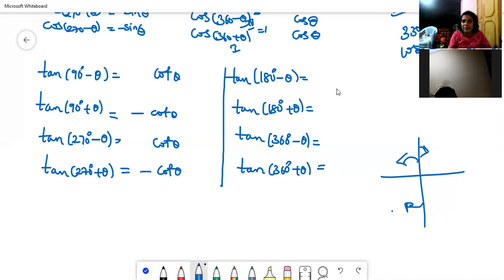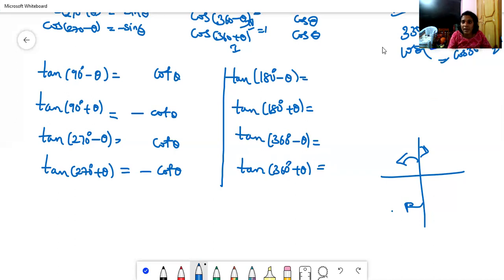For tan, at 180 tan will come: tan theta, and 360 also tan theta. Just check. In the second quadrant, 180 minus theta, tan is negative. In the third quadrant, tan is positive. In the fourth quadrant, tan is negative. In the first quadrant, tan is positive. Like that.